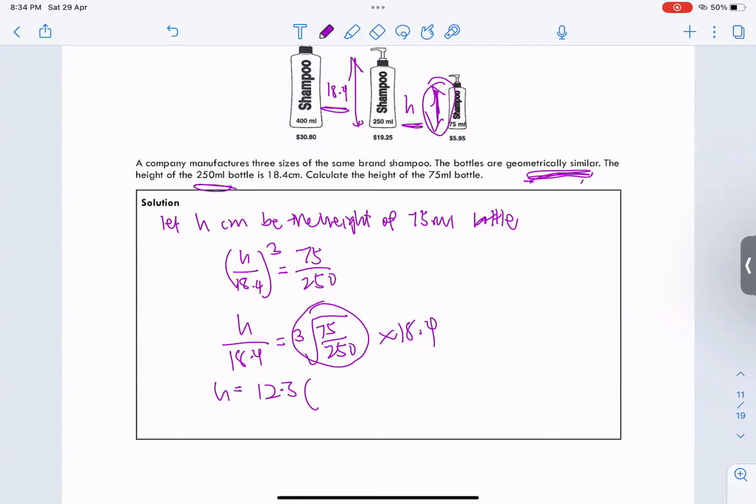Then after that, you write your final answer.